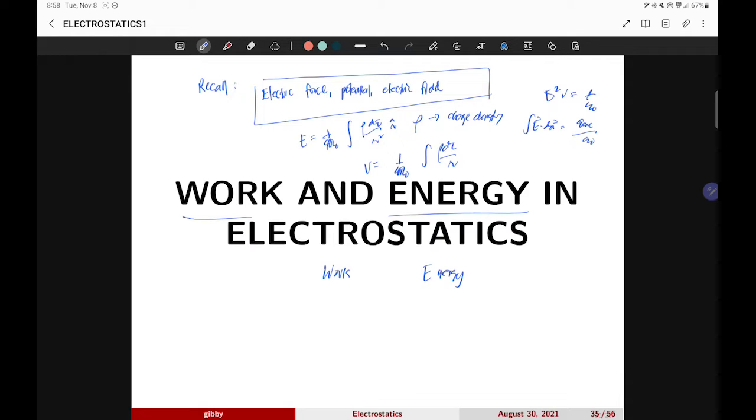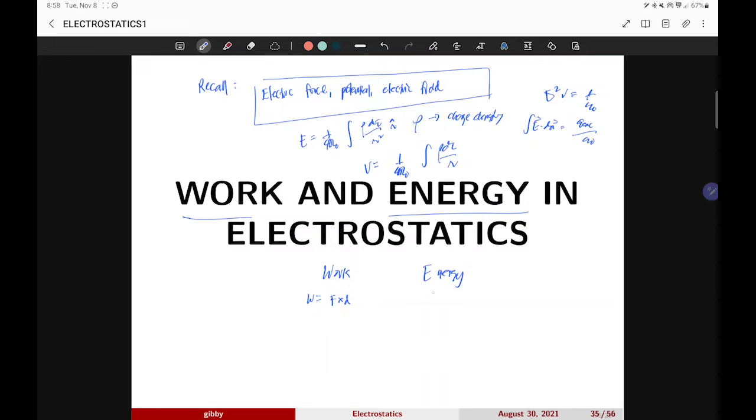Okay, so you already know sa previous ninyo nga discussions that work is defined as the formula is work is F times D. So there is work if there is force and there is displacement, and also the direction of the displacement and the force should not be perpendicular to each other, otherwise there would be no work. So work is zero if that's the case.